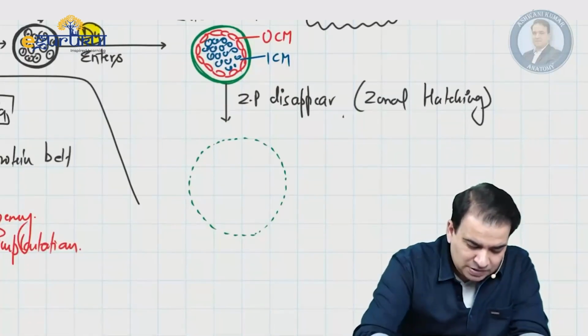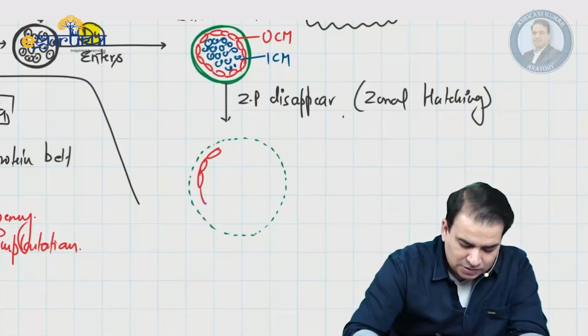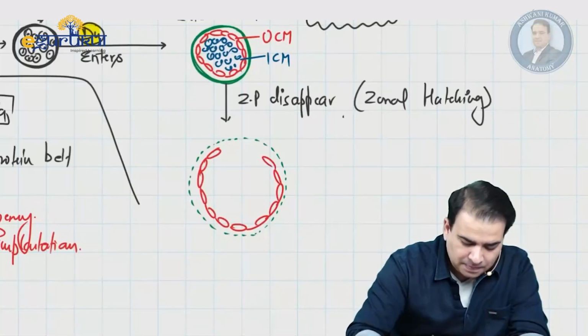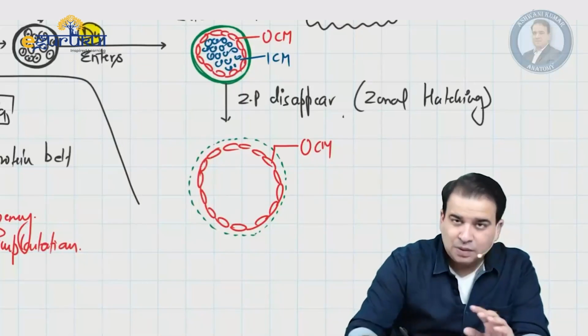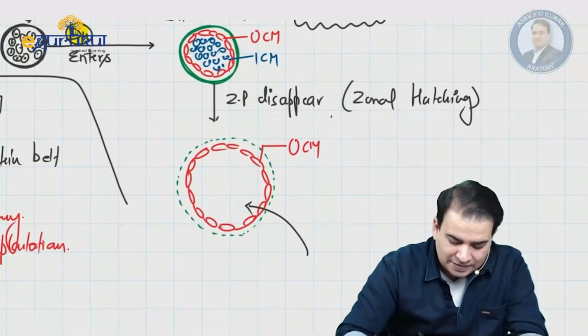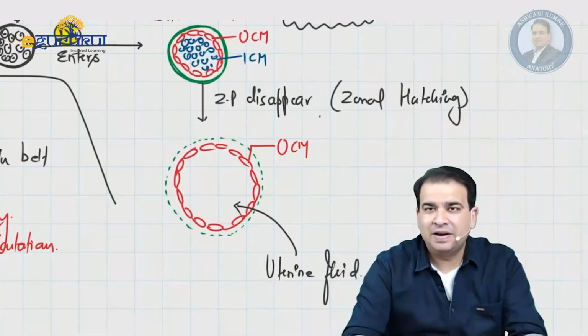Now once the zona pellucida disappears, look at this. We said this is the outer cell mass, right? Still no implantation. And because the zona pellucida disappears, now what will happen? The uterine fluid will enter inside, guys.